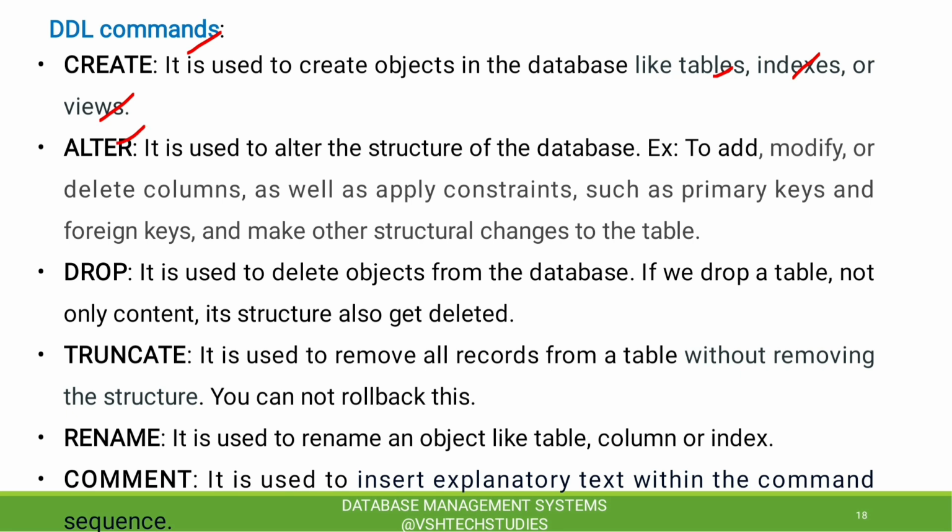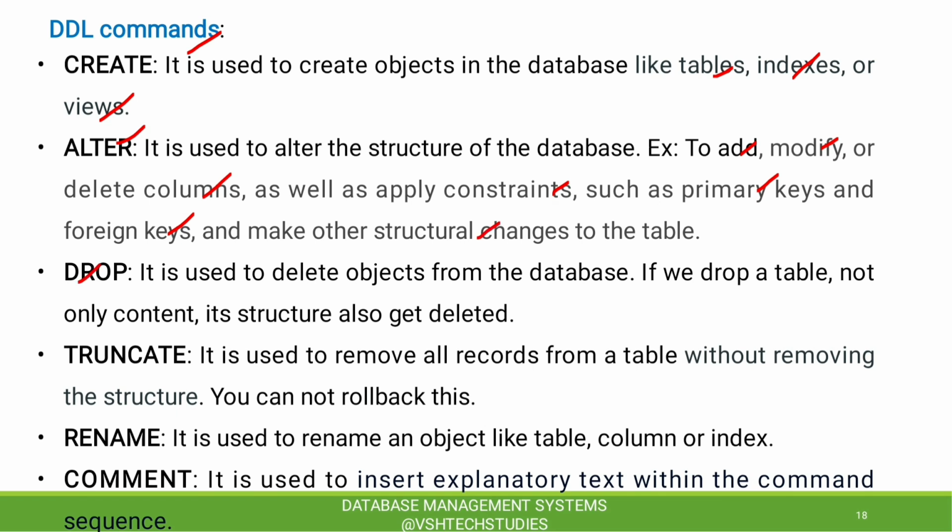Next, second one is alter command. It is used to alter or change the structure of the database. For example, to add a column to the existing table or modify or delete columns, as well as apply constraints such as primary keys and foreign keys and make other structural changes to the table.